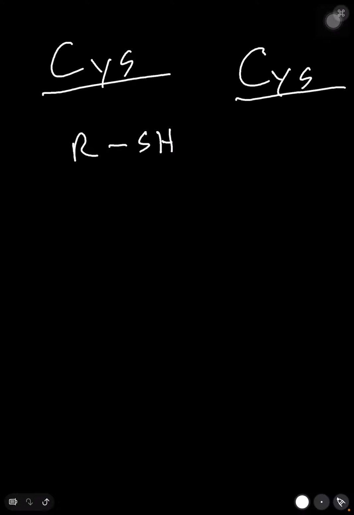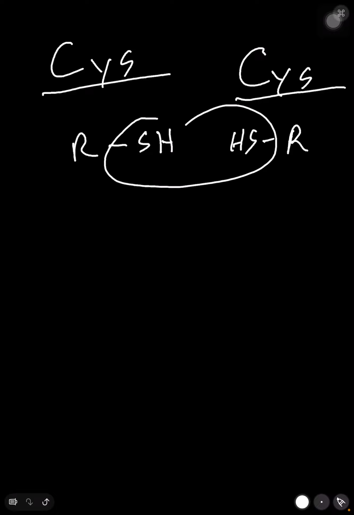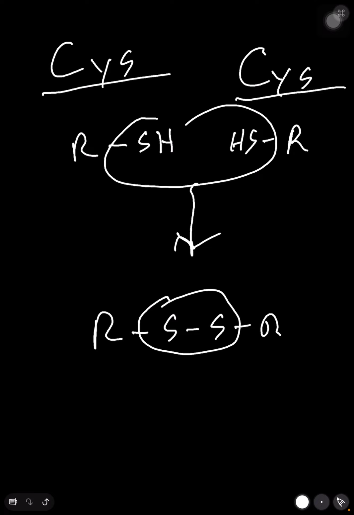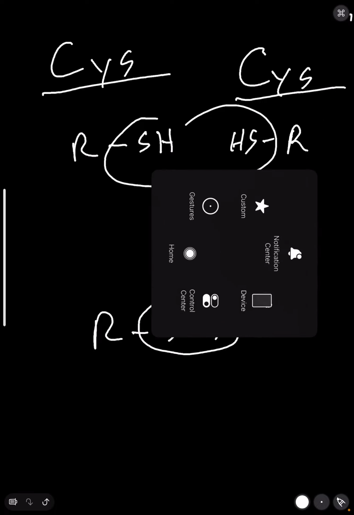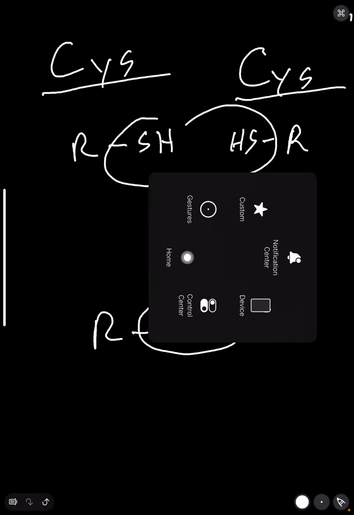If you have two cysteines that are in close proximity to each other, these thiol groups can react with each other and form disulfide bonds. And that's what this is. Disulfide is SS. So that's the only part of these tertiary structure interactions that are not intermolecular forces. These are full-on covalent bonds.